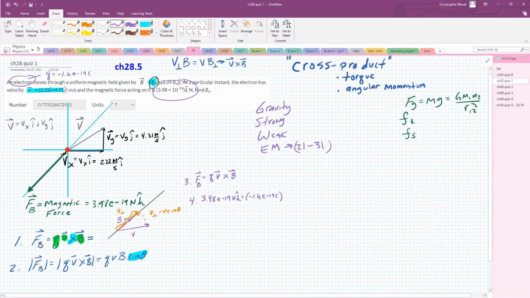But here's how I'm going to do V cross B: I hat, J hat, K hat, I hat. So this is just an operational technique to do cross products. And there's many variations to this. This is just one of many. This is the way I was taught. You were either taught this way or a different way, which is fine.